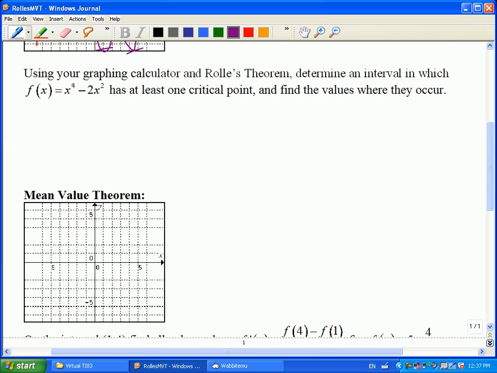A bit of review like yesterday: see if you can find the critical points that are guaranteed by Rolle's theorem here.